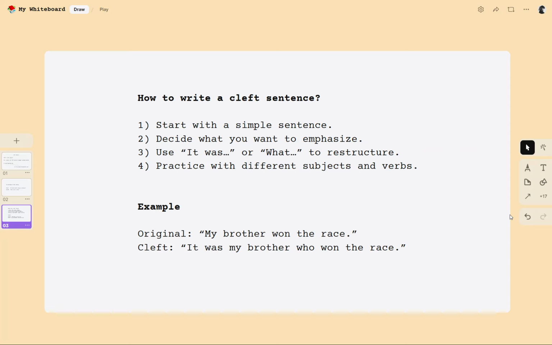So how do I do it? I'm going to use an it cleft, and I'm going to say, it was my brother who won the race. It was my brother who won the race. All right? I can even use a WH cleft, and I can say, what my brother won was the race. What my brother won was the race, right?